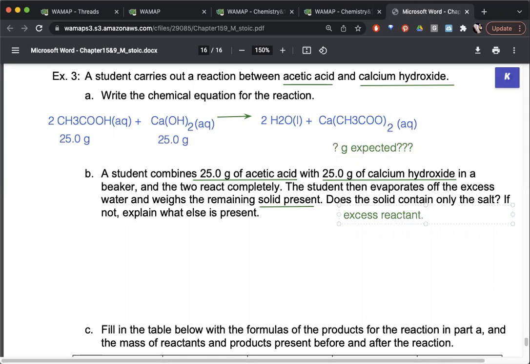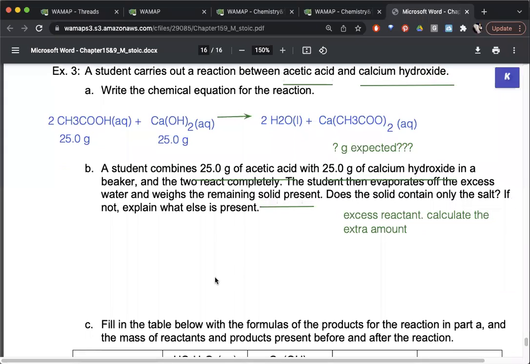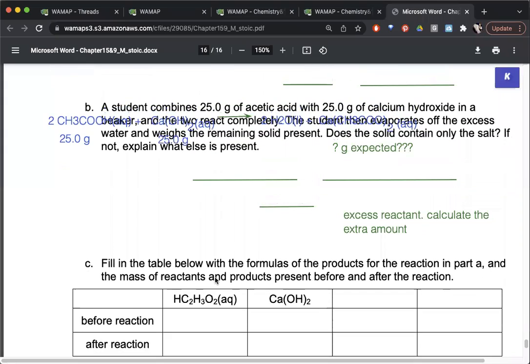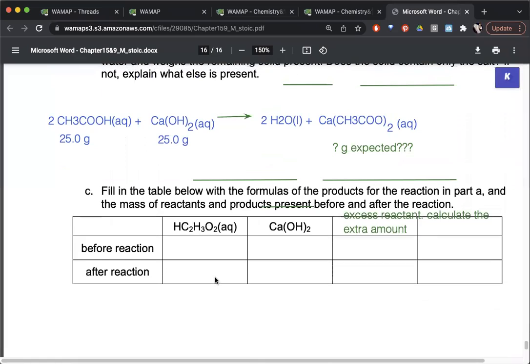And then it says, if not, explain what else is present. So that might mean calculate the extra amount. Okay, but I think from the way this is laid out that we're going to get a little bit of scaffolding. Oh, that's for the excess reagent.